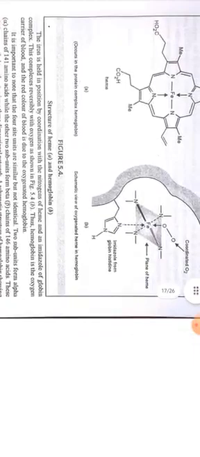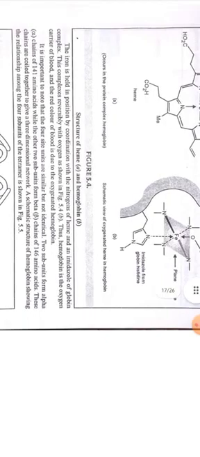The iron is held in position by coordination with the nitrogens of heme and the imidazole of the globin complex. This complex binds reversibly with oxygen, as shown in figure 5.4b.